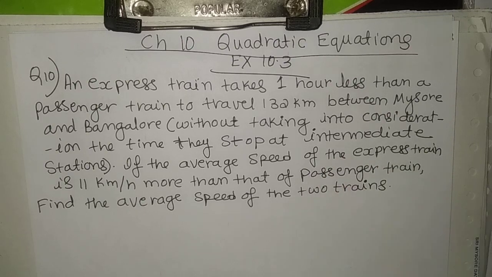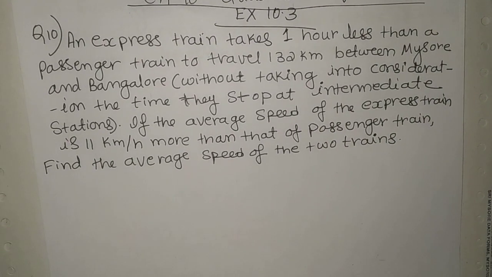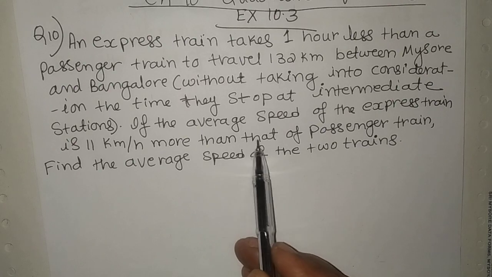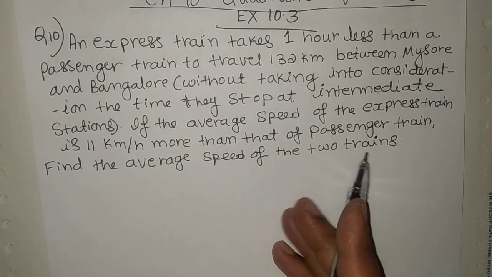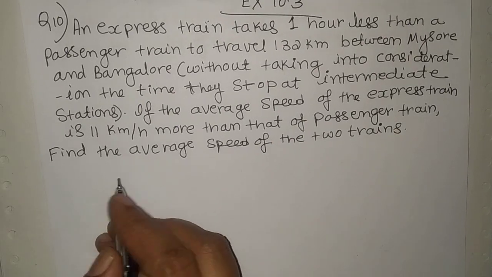So we have to find the average speed without taking into consideration how long they stop. We have to find the speed of the two trains, the average speed.